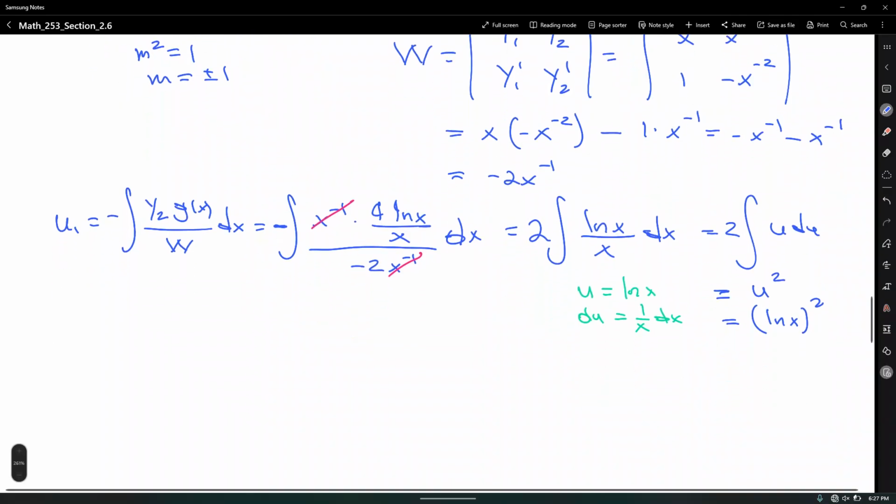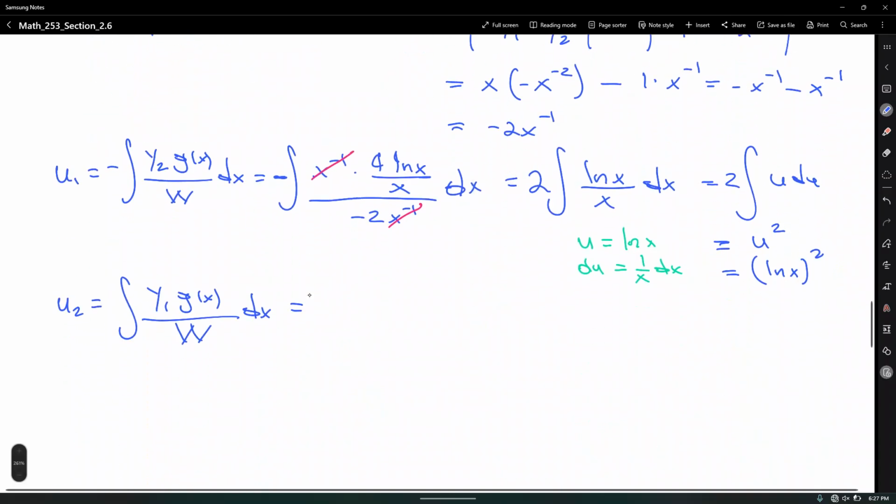Okay, what's u sub 2? U sub 2 equals the integral of y sub 1 g of x over the Wronskian dx. What was y sub 1? It was x, and then times 4 ln of x over x, divided by the Wronskian, negative x to the negative 1, dx.